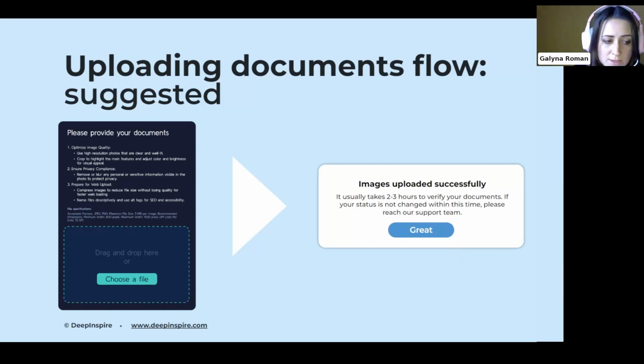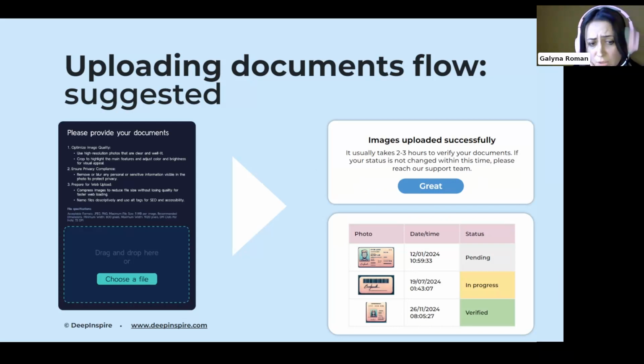And the second thing that was suggested is also displaying the documents that were uploaded, but it required additional security measures from the development point, and it might take a bit more time than just a pop-up, but still the guidance and the exact list of documents that were uploaded with their status.